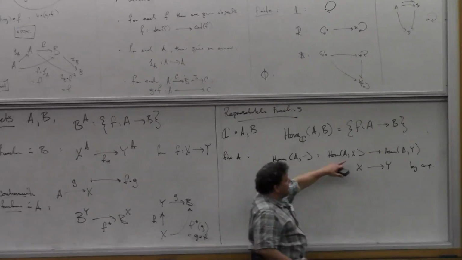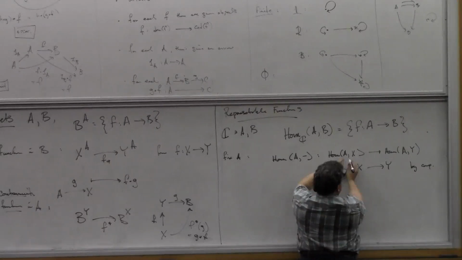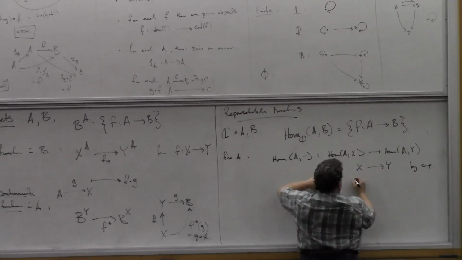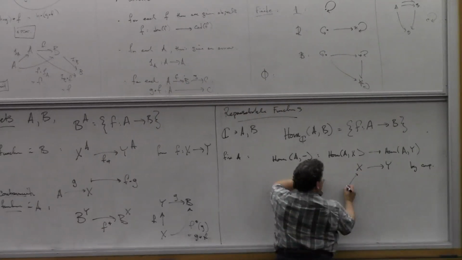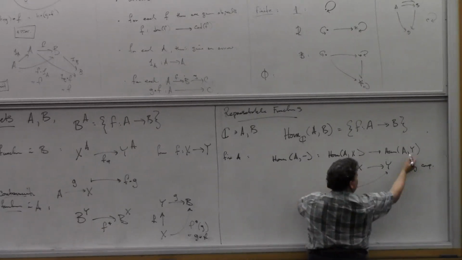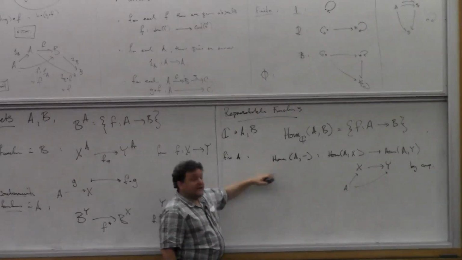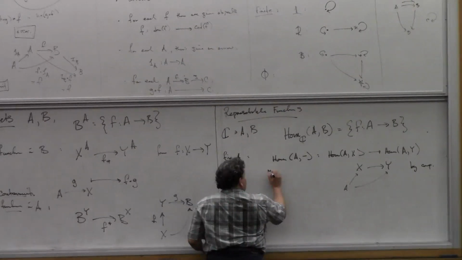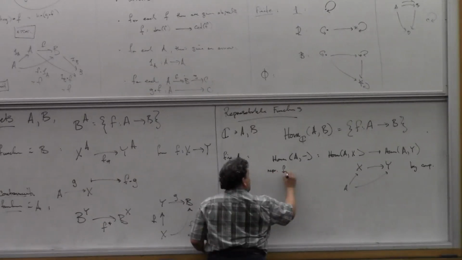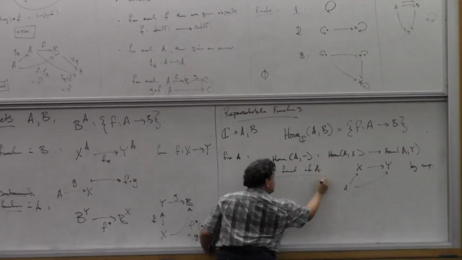If I have a map from X to Y in C, and I take an element in this set, that's just some thing here coming out of A, and I compose, and I get something like this in this set. So that's my functor. It's called the representable functor of A.